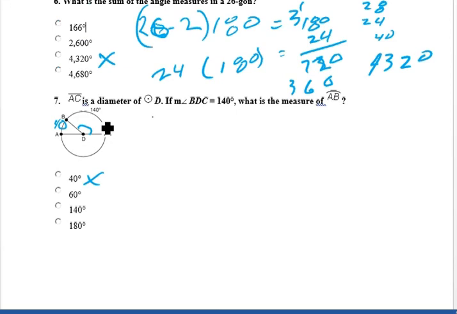So we know that's 140, and I know from C to A is a half circle, so this is 180 degrees. And so we know, what's the measure of arc AB? Well, if the whole thing's 180 and this is 140, this has got to be 40, because 40 plus 140 is 180.